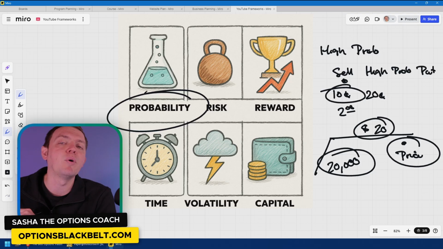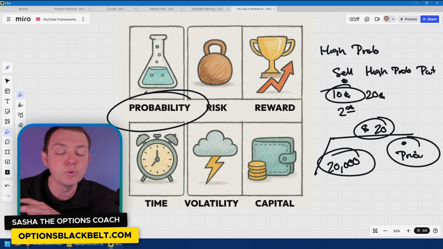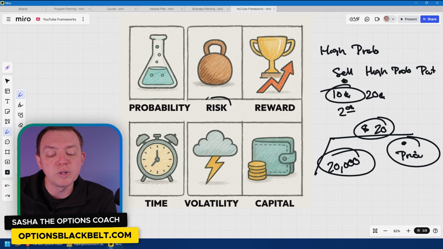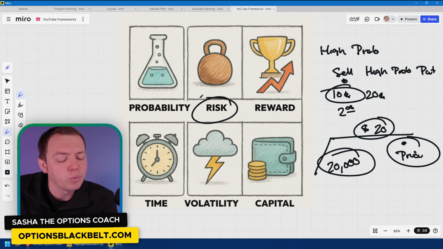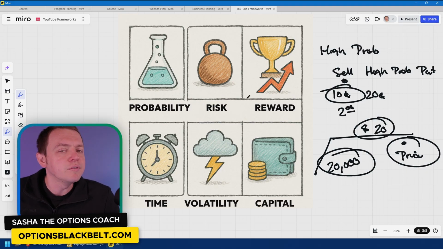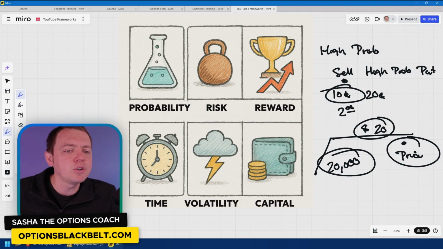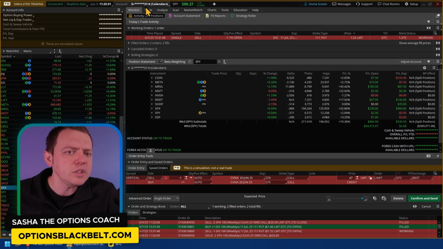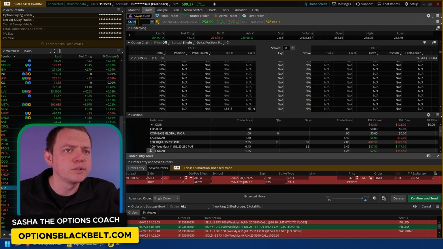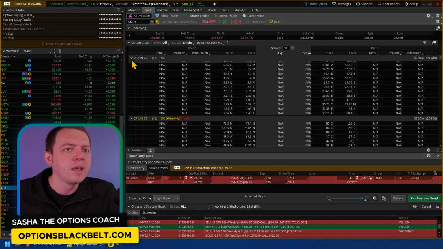So you're saying, hey, I want a high degree of probabilities, a really nice probability. My risk is going to be high because I want a high win rate, but my reward is going to be very kind of stinky. I'll show you how this works by selling a put on Coin.